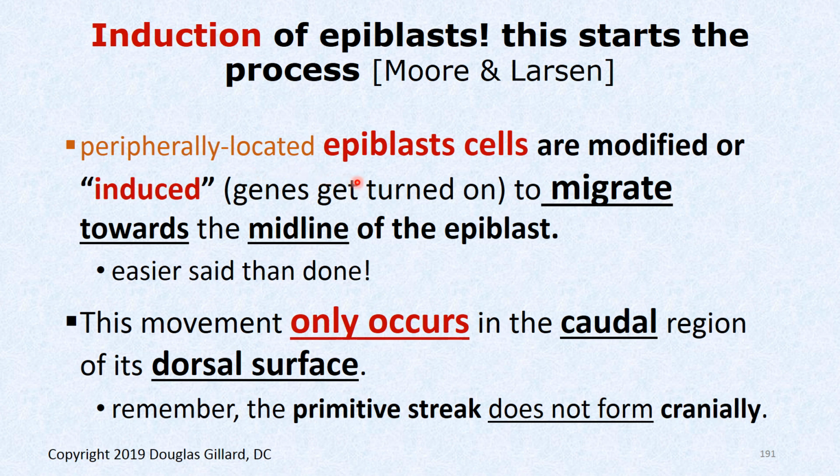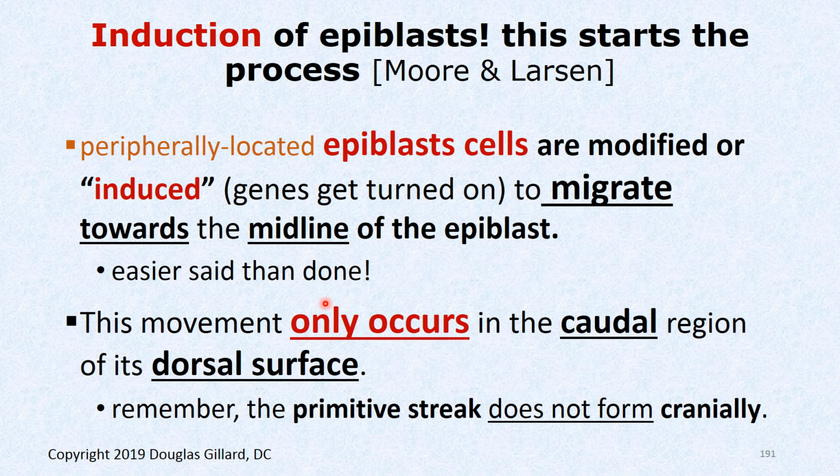They become induced or modified. Genes are turned on within them, and they start to migrate into the midline of the epiblast. As they reach the left and the right, they all pile up in the very center line. They form a little mountain range, and that's the primitive streak.